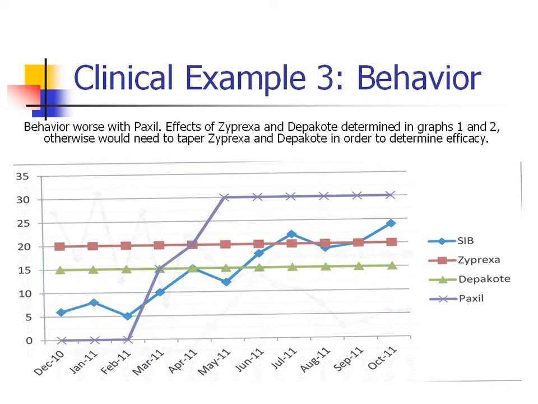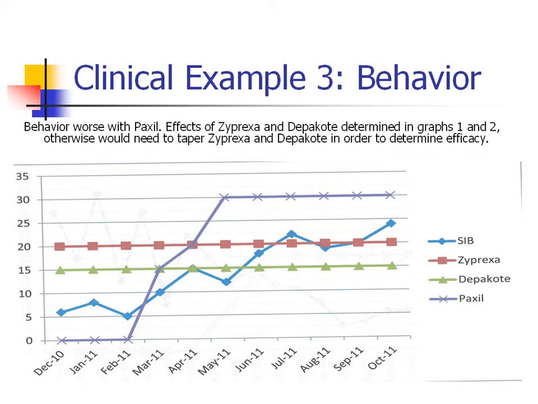The effects of the Zyprexa and Depakote were determined in graphs 1 and 2. Otherwise, you would need to taper the Zyprexa and the Depakote in order to determine the efficacy. So this underscores the point that it is very important to have previous, longitudinal data. This is why it's called longitudinal graphic analysis.